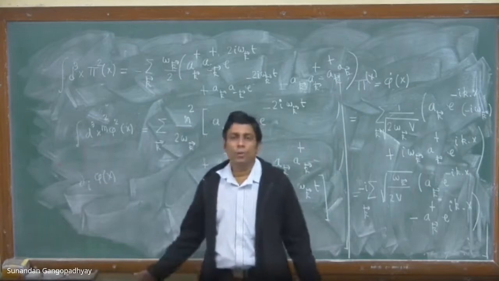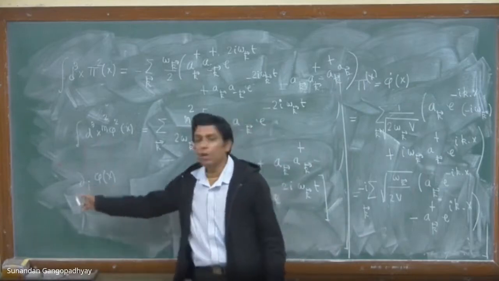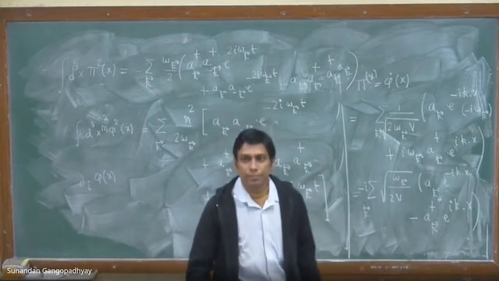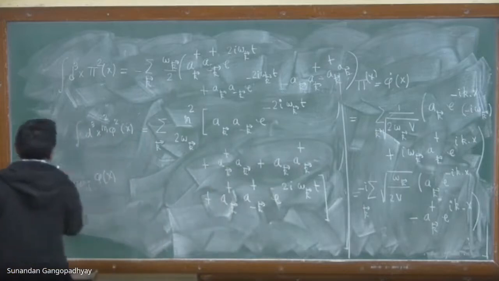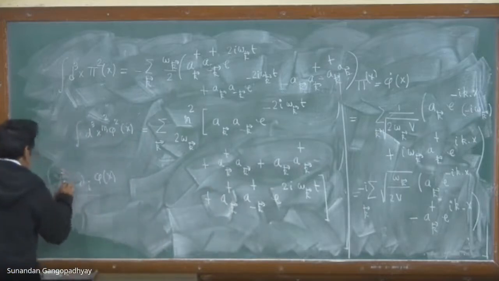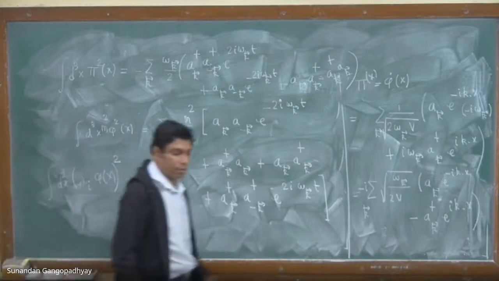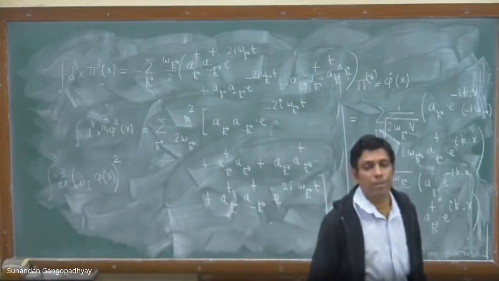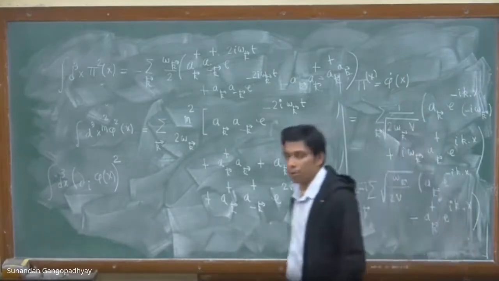And this is also simple to calculate because if you know the mode expansion for phi of x, you know what del i phi of x is. That is also simple. And then you just need to square it up and integrate over the spatial volume d cubed x, or integrate over the full volume V of the box.